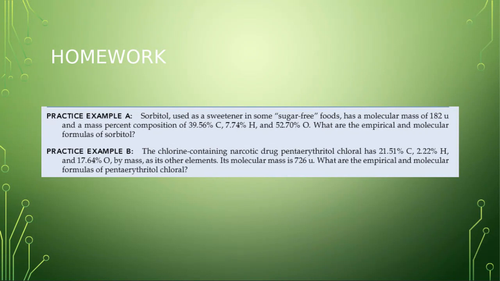The last example, for B, the chlorine-containing narcotic drug pentaerythritol chloral, has C, H, O. Be careful that all of these samples are generally organic compounds. Its molecular mass will be 726 U, and then you will find the empirical and the molecular formula.